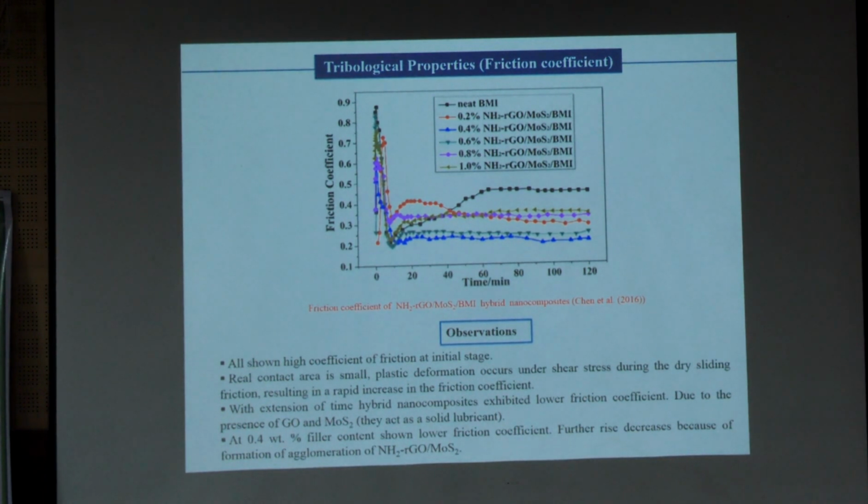If you observe here, as time goes on, the variation is also different. Initially it is more, but later it is stable. Where the coefficient of friction is less, this blue colored one, that is nothing but 0.4% of graphene and MoS2, right? That is what gives the lower coefficient of friction.